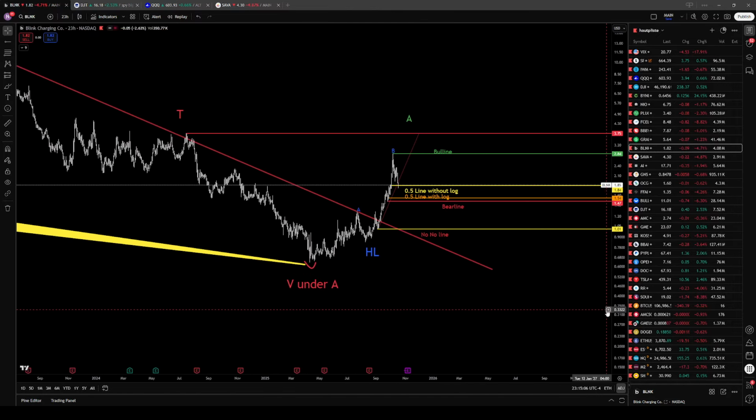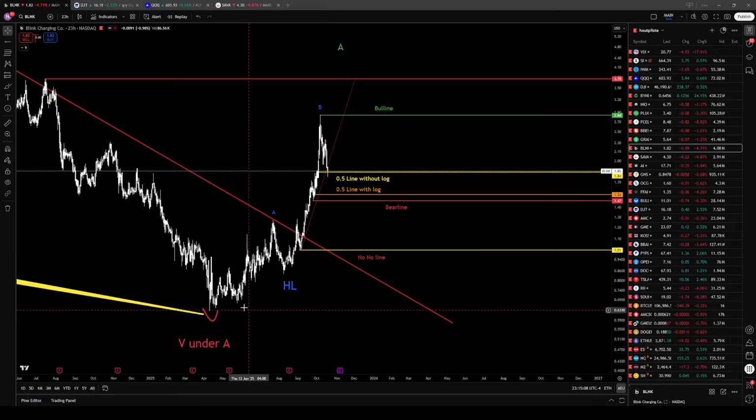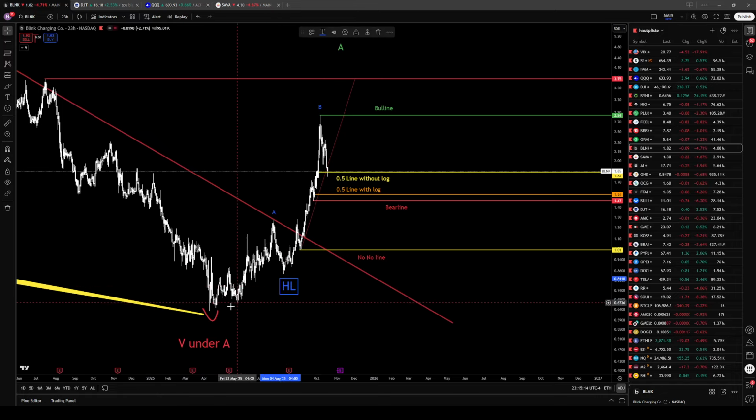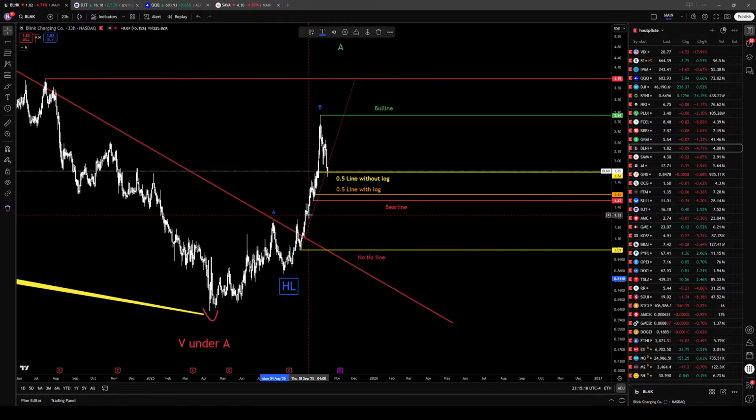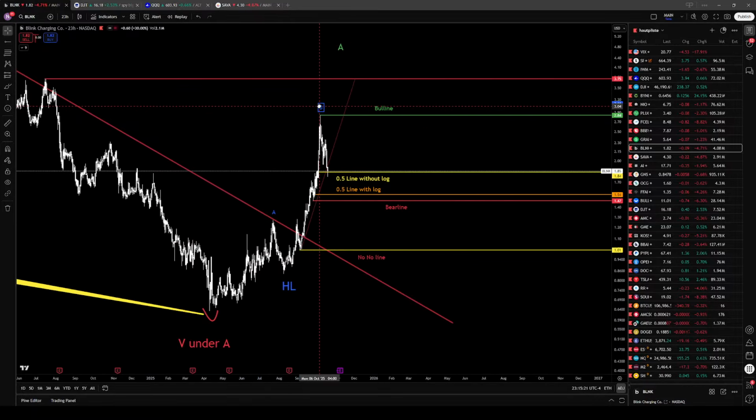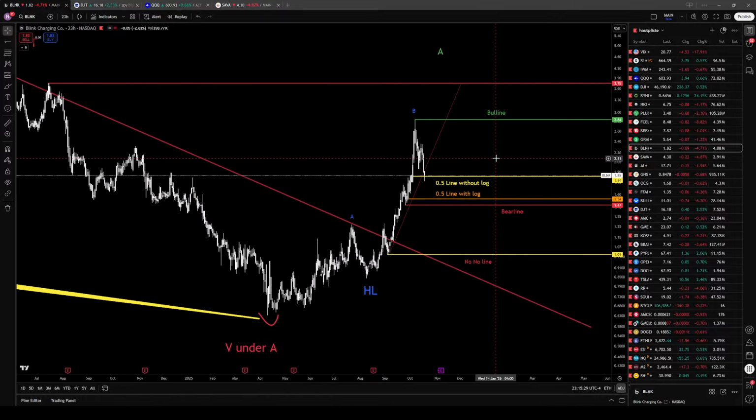So we look into the small tracking. Same V. This would be a little higher low. This would be already your A peak with pullback. And we already would have done our little B peak and would be in the A pullback right now.